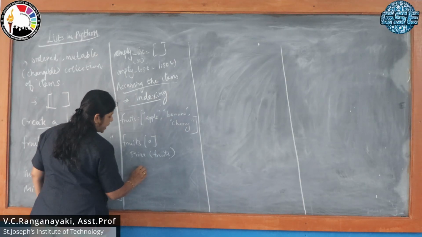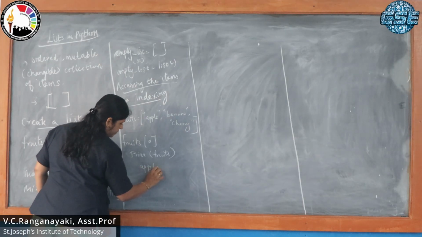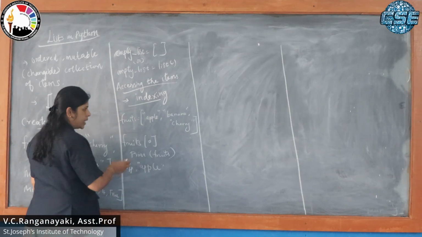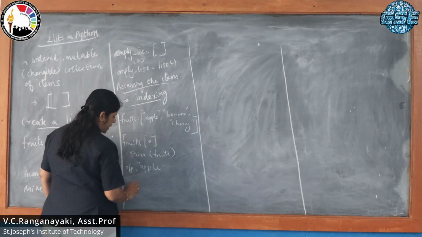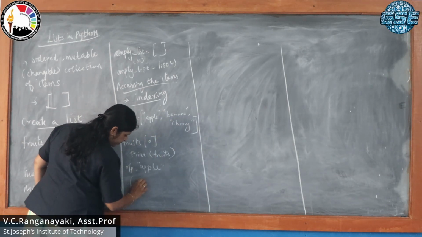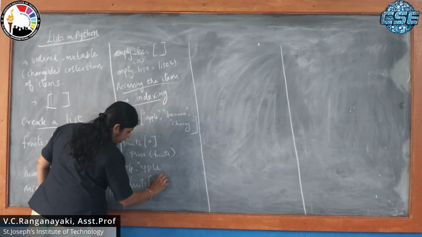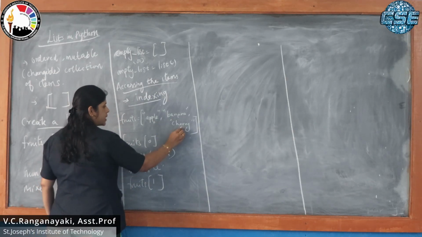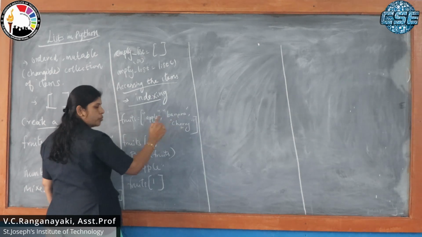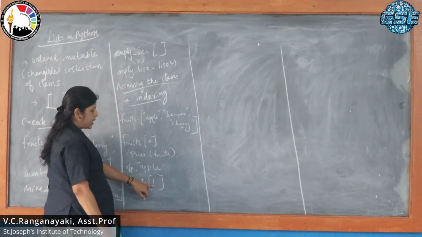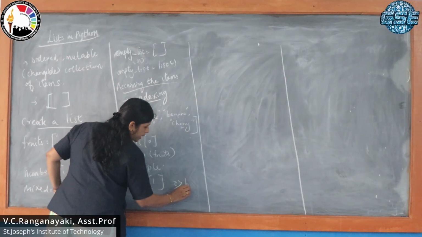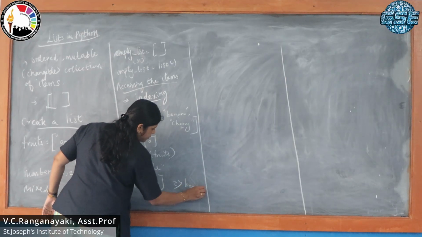I'll get an output as apple. Next, I want to access banana. Fruits of 1. Because this is 0th index, first index, second index. So 0, 1, 2. So in the first index what we have is banana. We will get an output as banana.